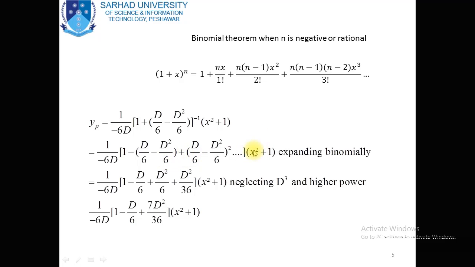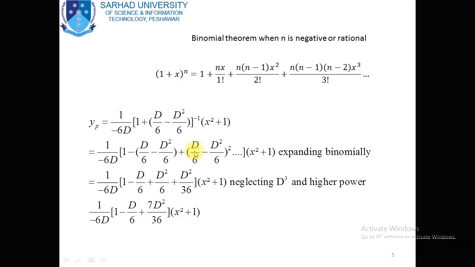Since we have a polynomial of degree 2, d square means the second derivative for this polynomial, so the third derivative for this polynomial will be 0. So we don't need the third derivative and higher powers of the derivative. Neglecting d cube and higher powers, we obtain minus 1 divided by minus 6d into 1 minus d by 6 plus d square by 36.